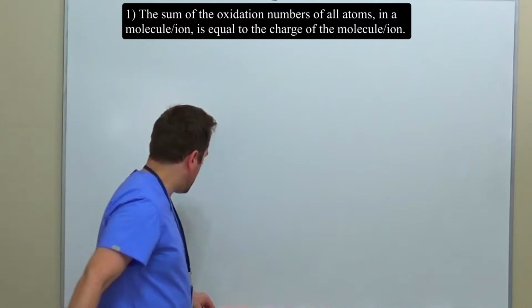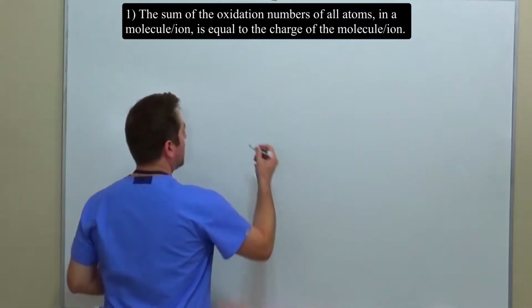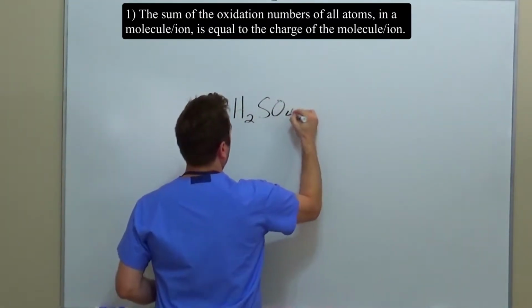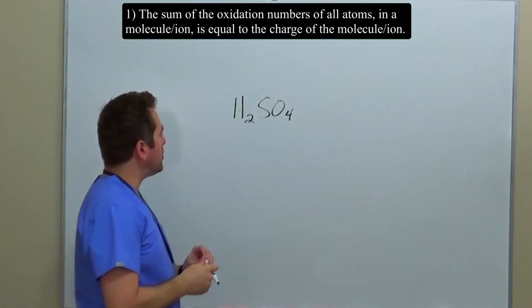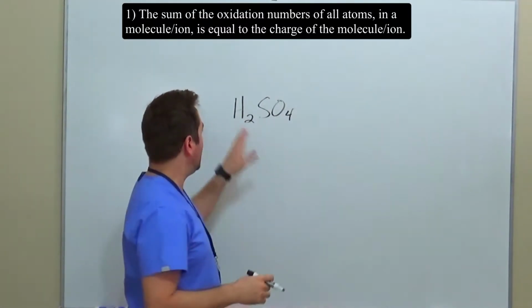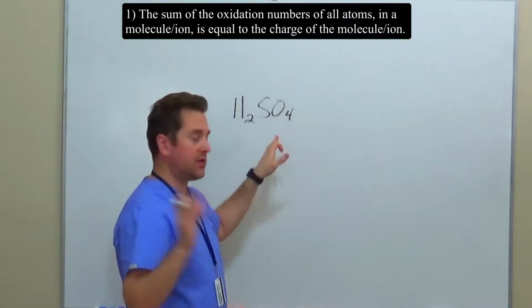So for example, let's say we had sulfuric acid. Sulfuric acid is simply H2SO4, right? The way that you would calculate the overall oxidation of the entire molecule is to figure out the oxidation numbers of the individual elements.